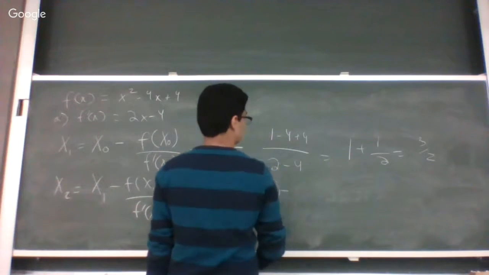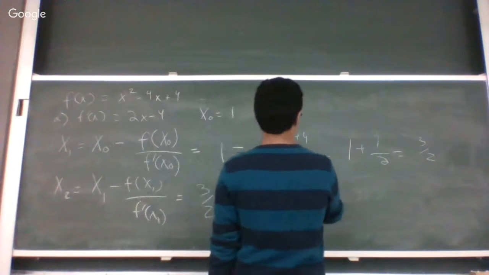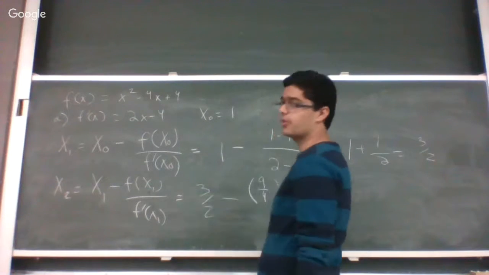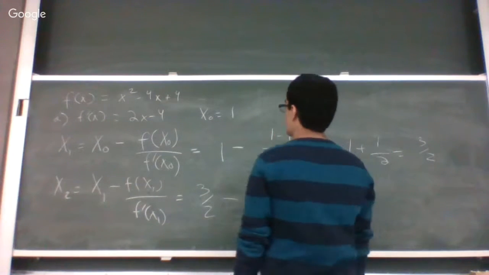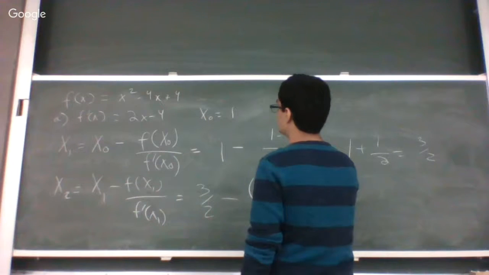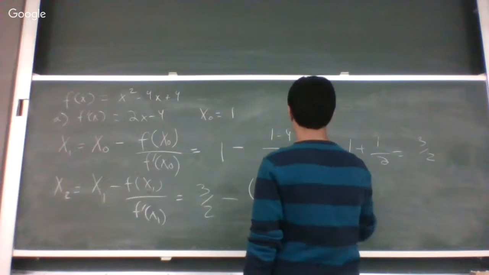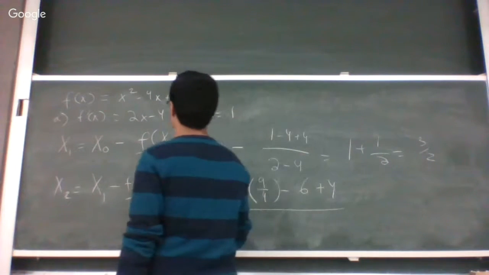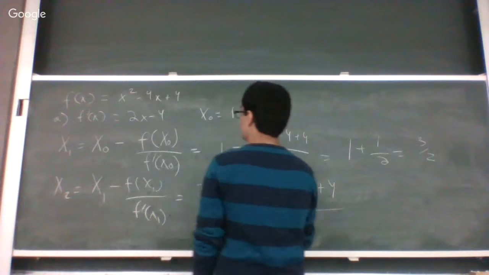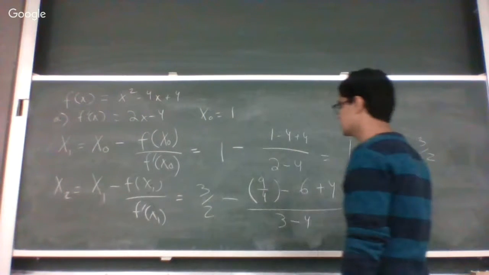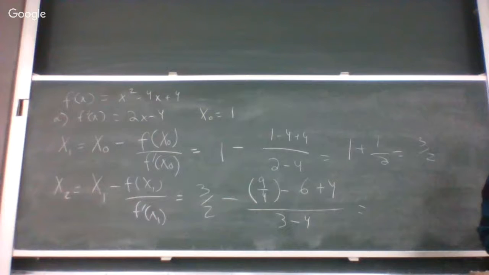So you just keep going? Yeah. For how long? Like they'll probably just ask you up to x2. So 6 plus 4 all over 3 minus 4. That's going to equal some number.